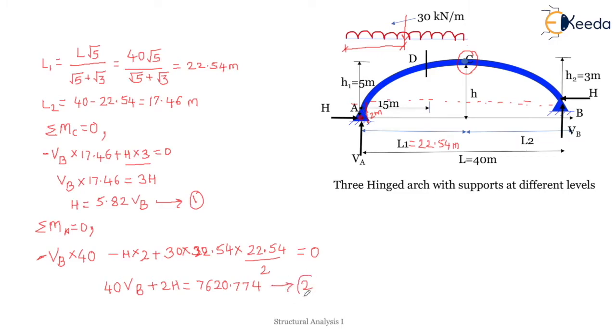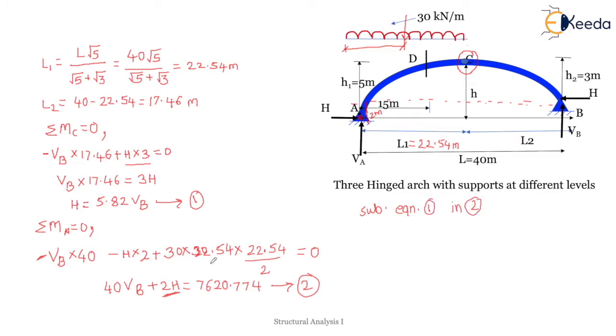So let us substitute H equal to 5.82 VB. Substitute this H value in equation 2, and with this you will get the value for VB. So substitute equation 1 in 2.